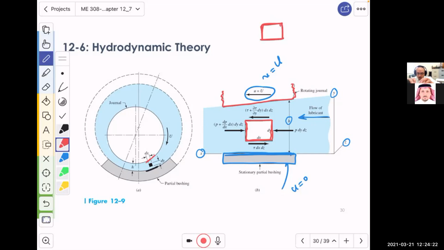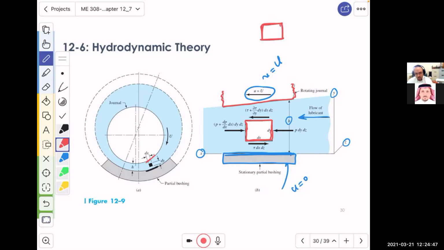Now, once you take it off, you need to apply the boundary condition, right? Interestingly, ya shabab, once you do this and look at it, you get scared. What is b dy dz? What is dp dx, dx, dy dz, and so on? But don't be scared.